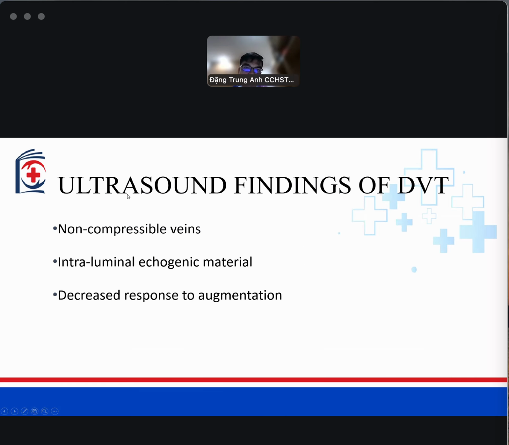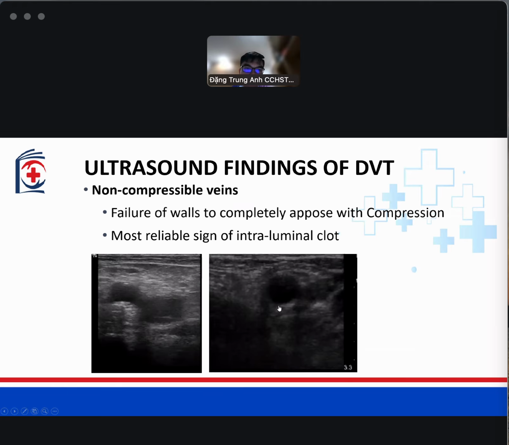So what are the findings that we have? If we use ultrasound, there are three main findings. The first is the non-compressible vein, the second is intraluminal echogenic material, and the last one is decreased response to augmentation.